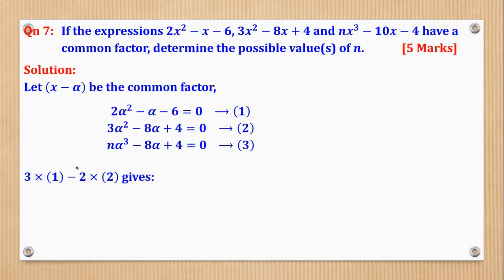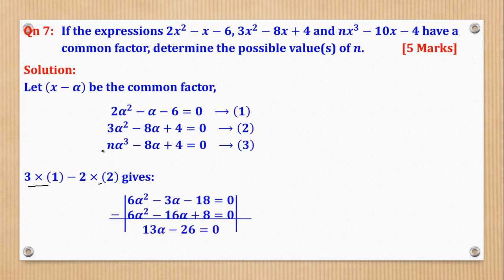So the first thing to do will be to get the value of alpha. So this equation 1 times 3 minus equation 2 times 2 gives you that. So subtracting, this cancels, this minus this gives you positive 13 alpha.